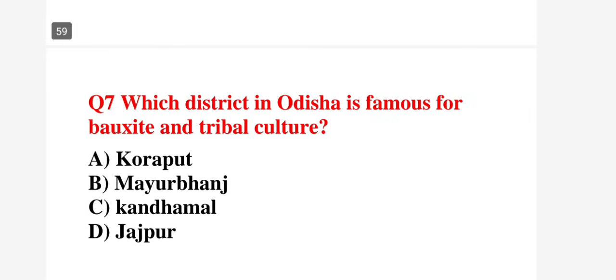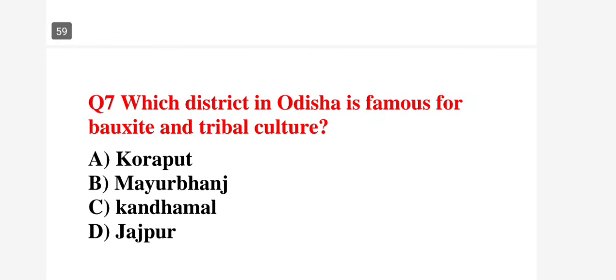Another famous place is Gandhamardan Hill. Can you tell me where Gandhamardan Hills is situated? Yes, that is between the border of Bargarh and Bolangir. Okay, and these bauxite reserves are crucial for India's aluminum industry.